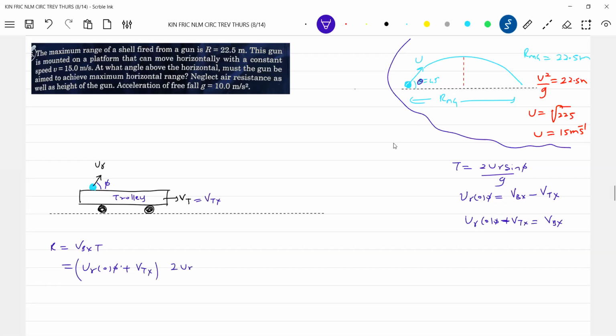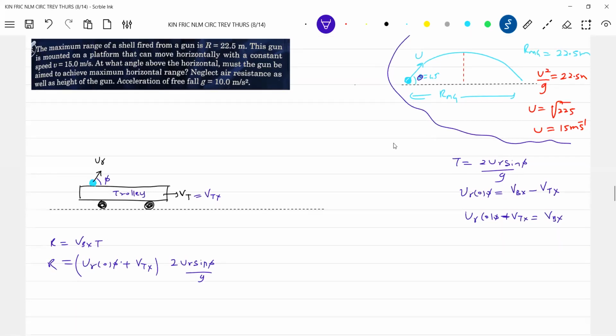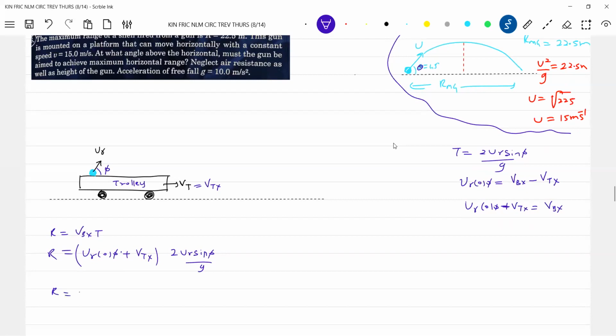Time of flight will be 2 UR sine phi by G. So range is equal to 2 UR square sine phi cos phi by G plus the trolley term. Let me differentiate this, dR by d phi equal to 0.